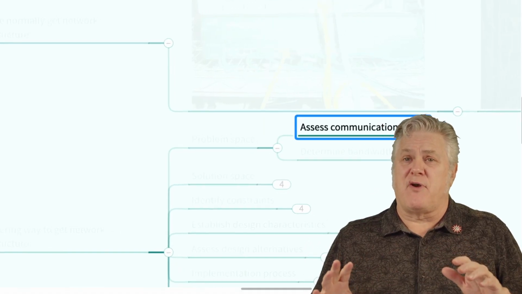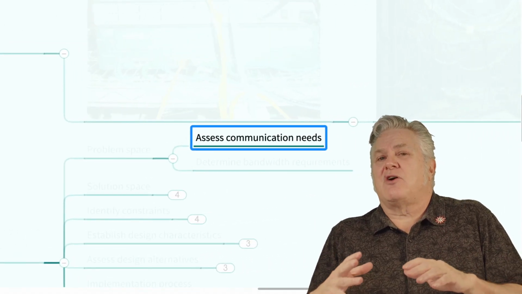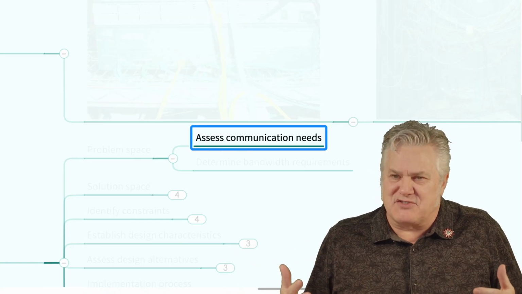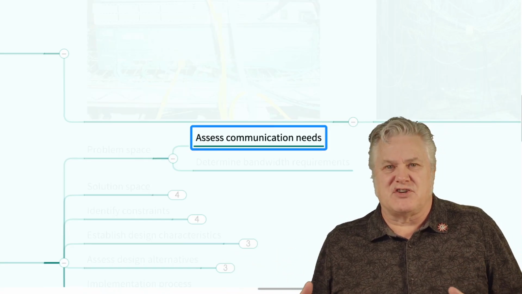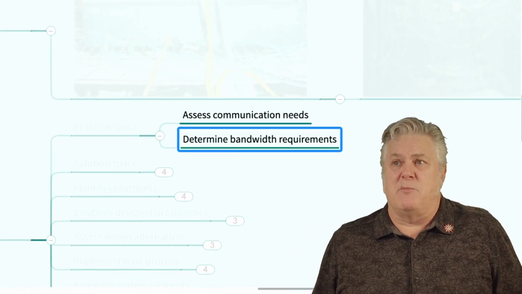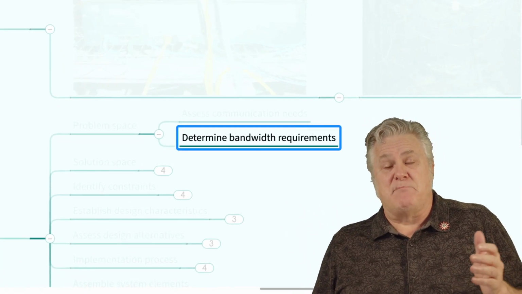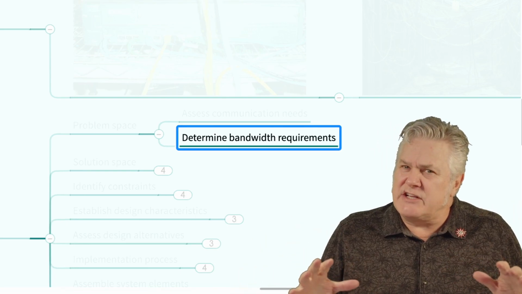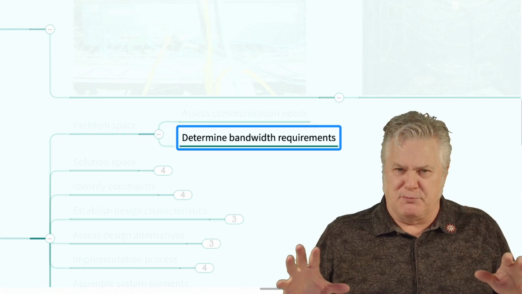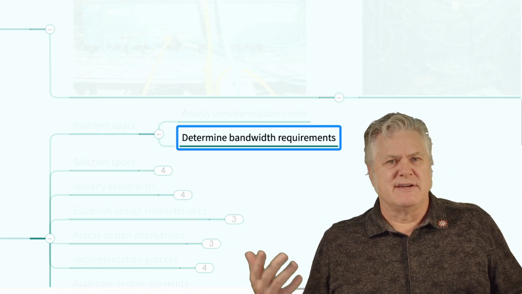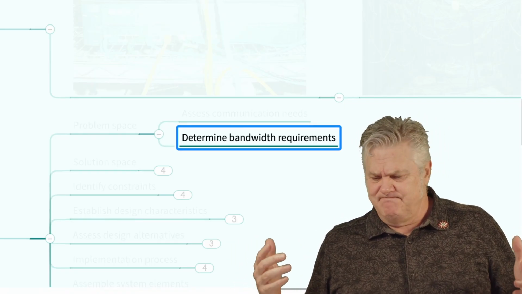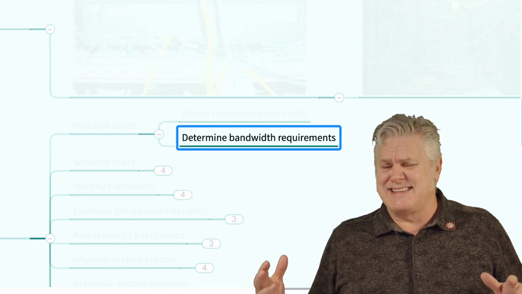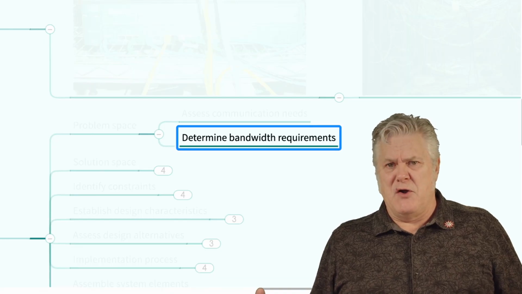So you start off with a problem space. Now, you're not going to start with a green field. You're going to inherit somebody else's garbage, but you still have to assess the communication needs or the gap at that moment in time. You're going to have to look at the bandwidth requirements on the local area network. That's kind of changed for the wide area network unless we have multiple offices, because today, I know in Austin, Texas right now, I can get 6 gigabits of service to my home.